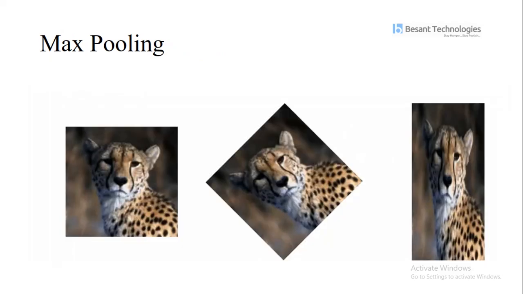The next thing is max pooling. Max pooling is where we have an image like this, slightly rotated, or something like a square or rectangle. Whatever the image shape is, whether your image looks like this or like this, we need to make it perfect.